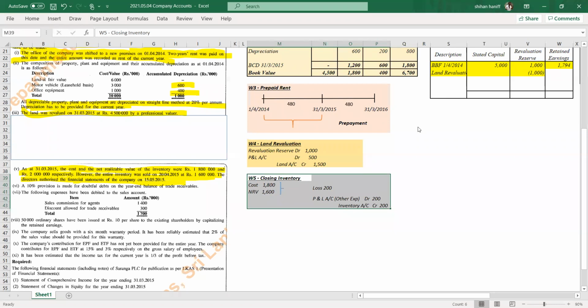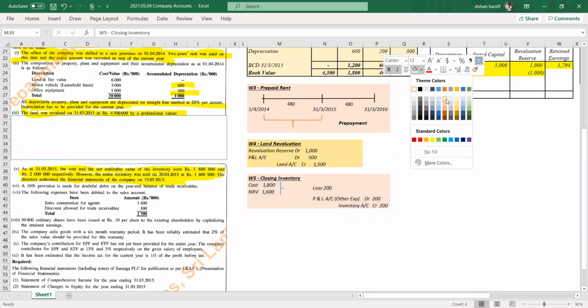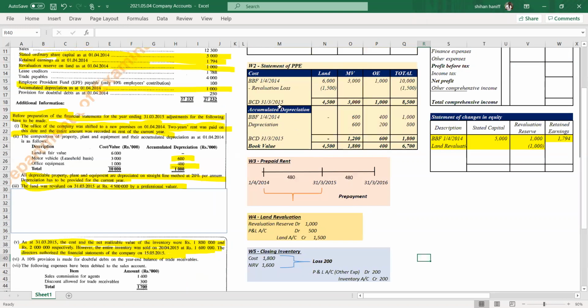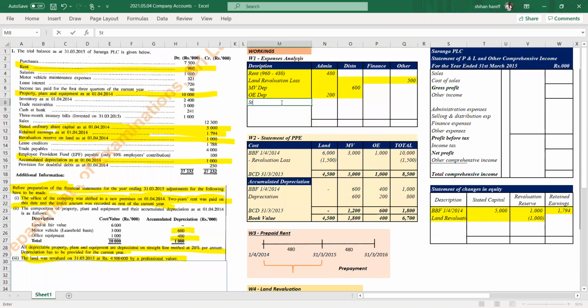Double entry for the loss is profit and loss account debit, inventory account credit. Right. So stock written off, other expense 200.